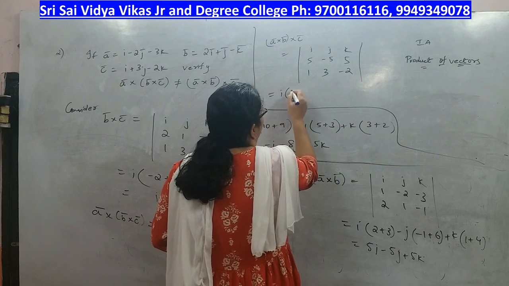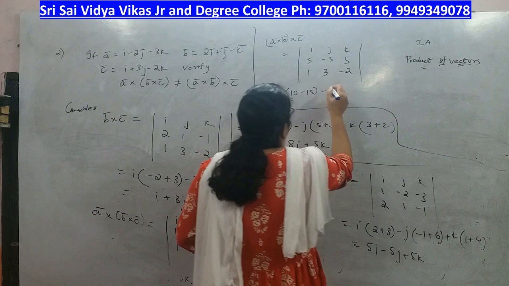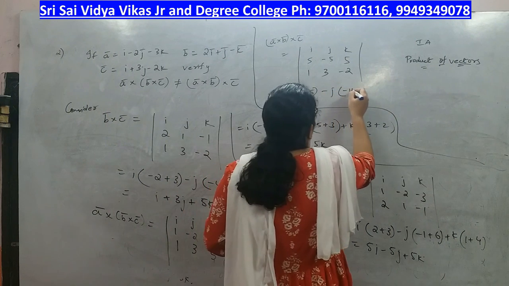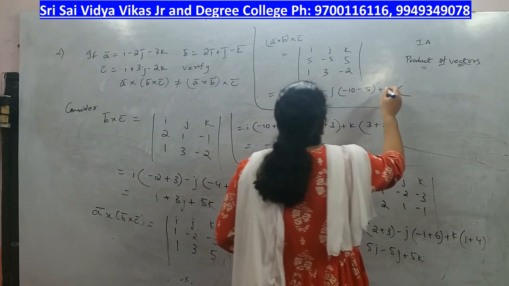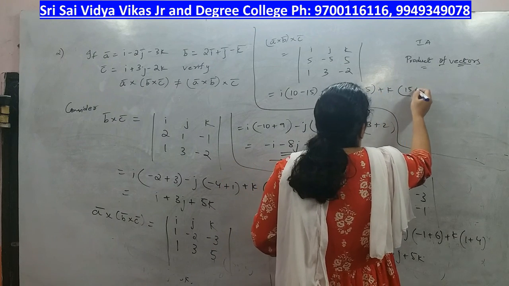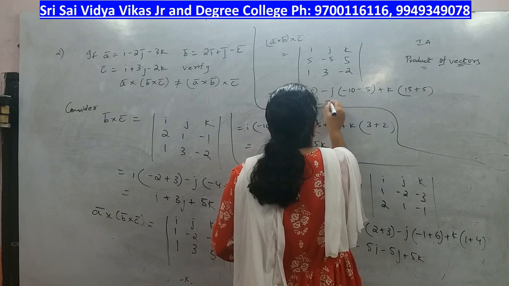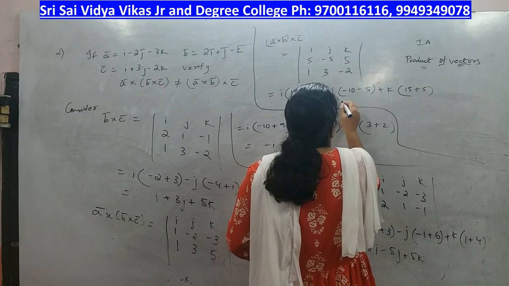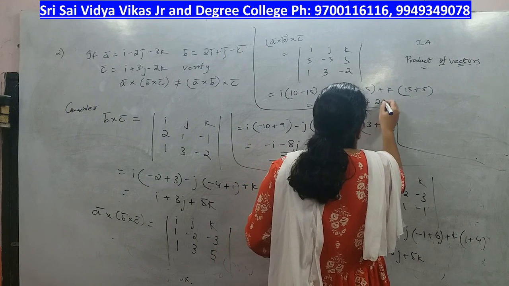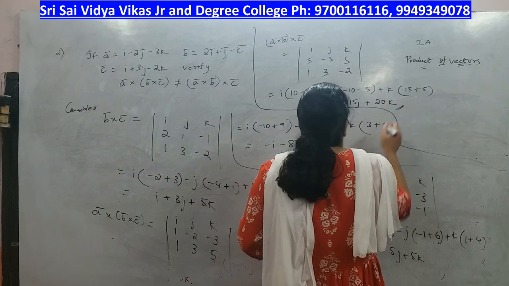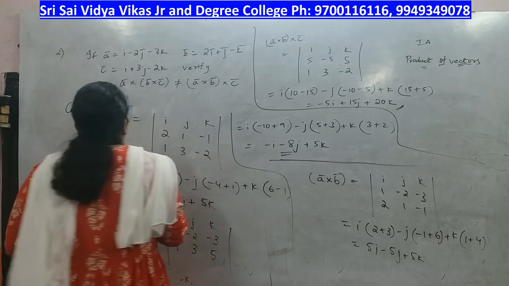I into (10 minus 15) minus j into (minus 10 minus 5) plus k into (15 plus 5), which is minus 5i plus 15j plus 20k. This is the value of (a bar cross b bar) cross c bar.